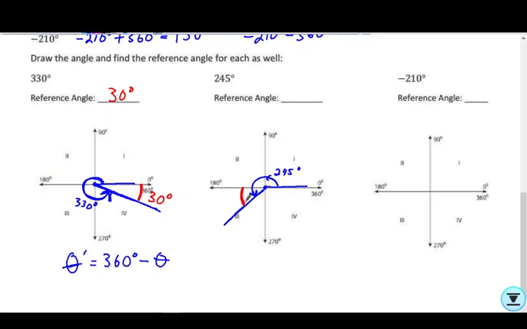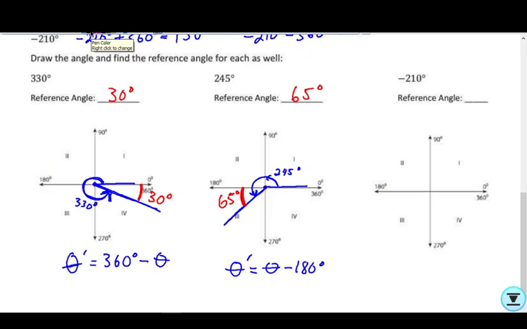Since we're in the third quadrant, my reference angle equation is theta minus 180 degrees. So we take 245 and subtract 180 and we get 65. It's the difference after 180 degrees, this part right here, and you see 180 plus 65 is 245. So my reference angle is 65 degrees.